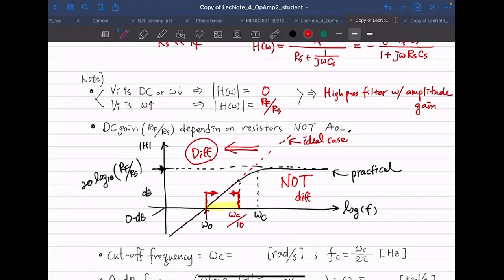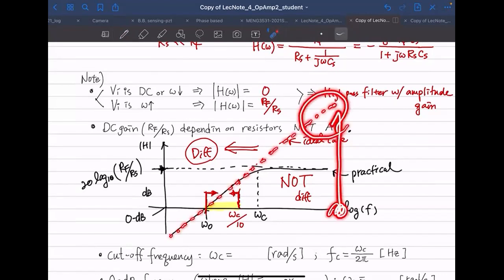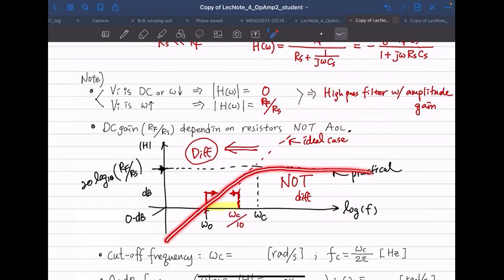Okay. One more time. This red line is the ideal case, right? And the problem here was when we have a very high frequency, the ideal output amplitude blows up to infinite, and this is not good. We cannot have this. So we introduce a practical response that chops this thing down to a finite level.